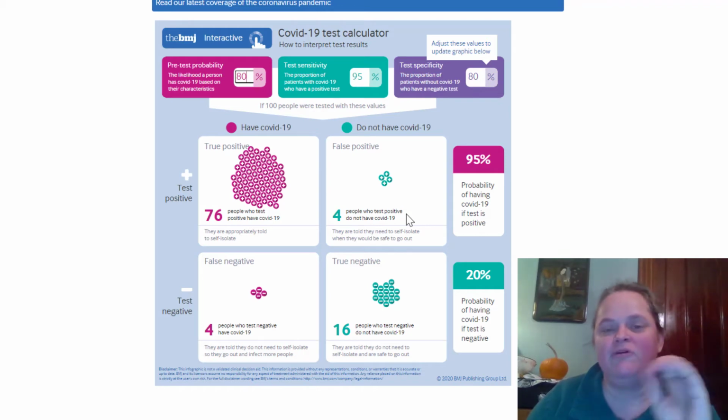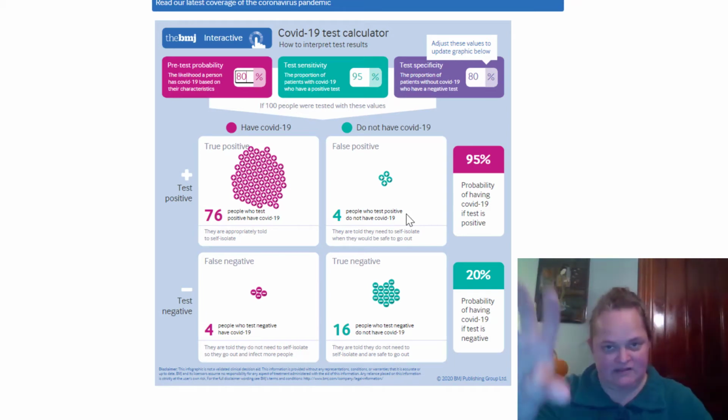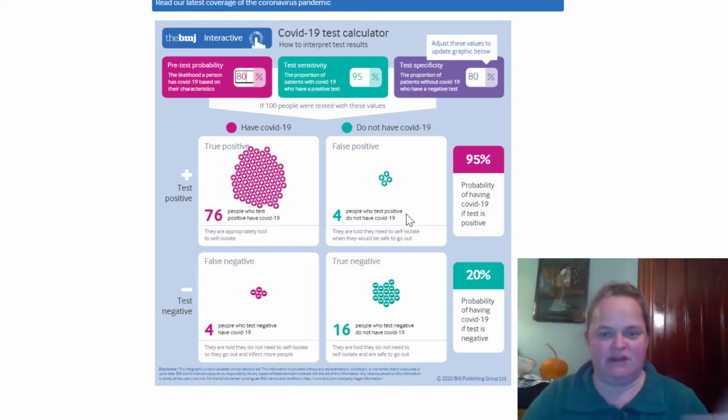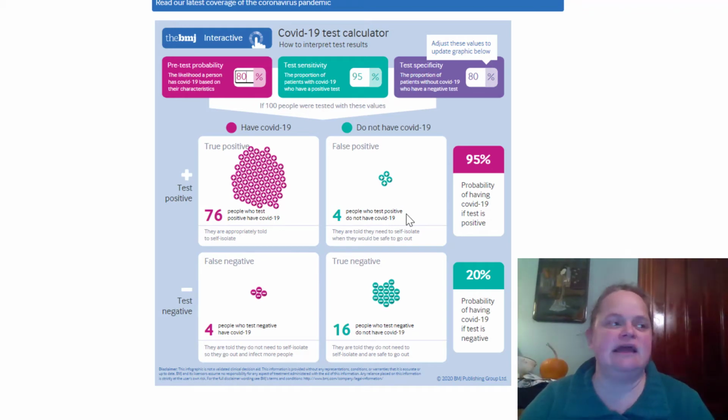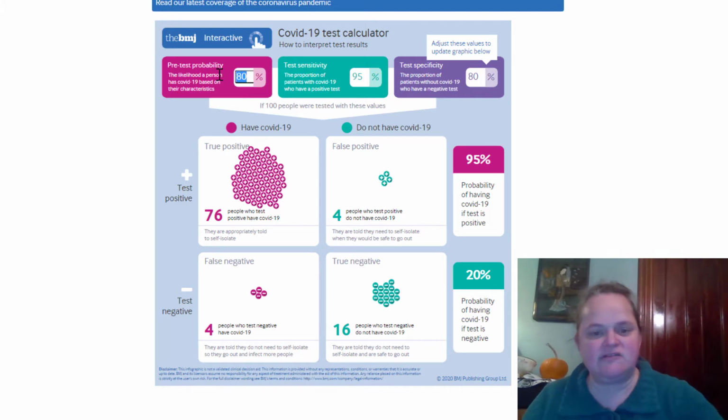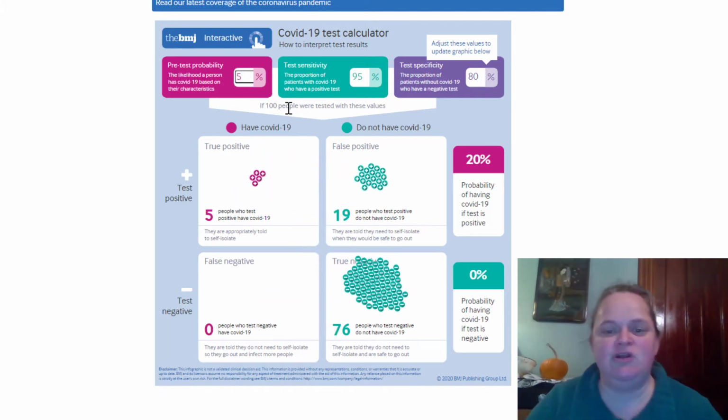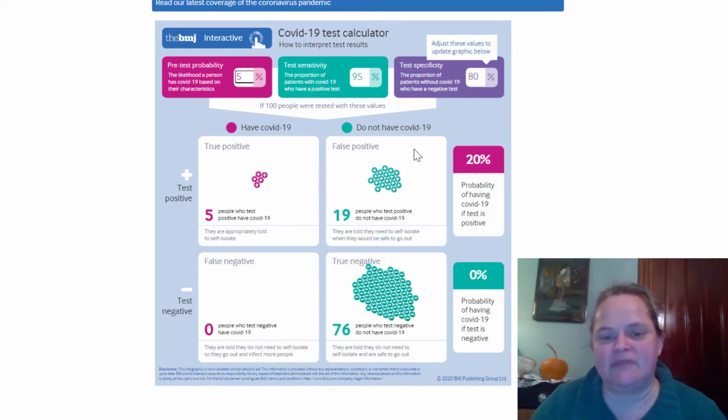People just don't have good intuition on how these kinds of rates work out. They could say probabilities, but it's basically how rates combine. And if you have a very rare disease, even with a very sensitive test, if you get a positive, you're much more likely to have a false positive because it's a rare disease.